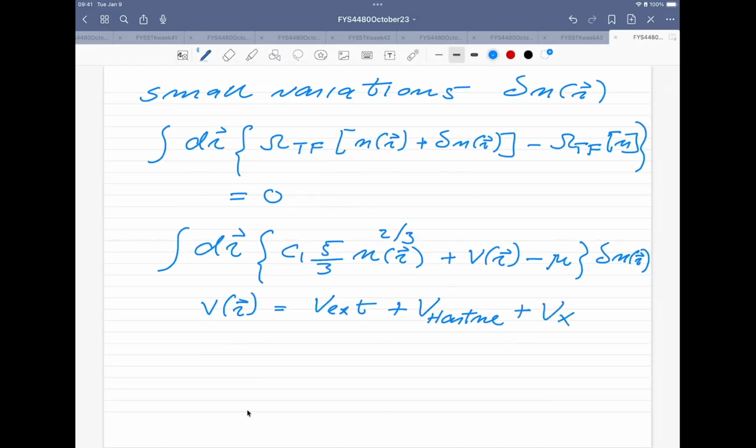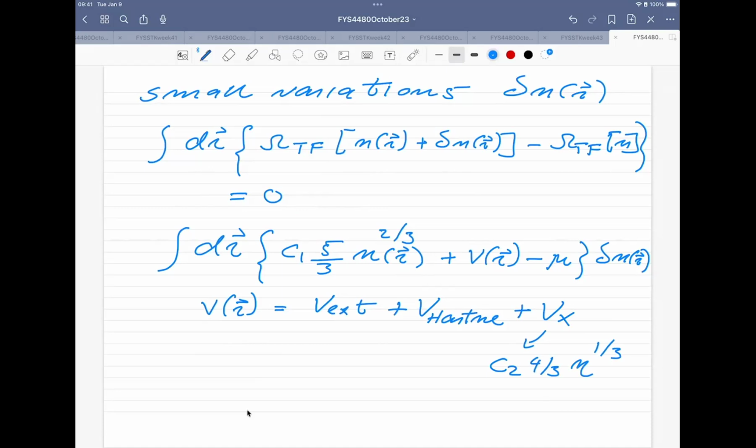And my V exchange is going to be equal to this term, C2. It's going to contain 4/3 multiplied with the density to the power of 1/3.